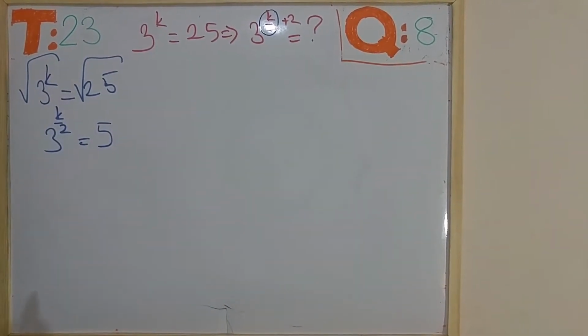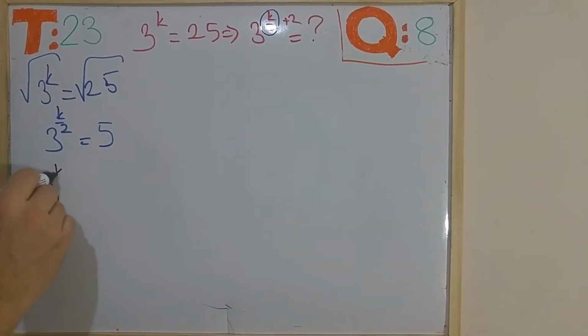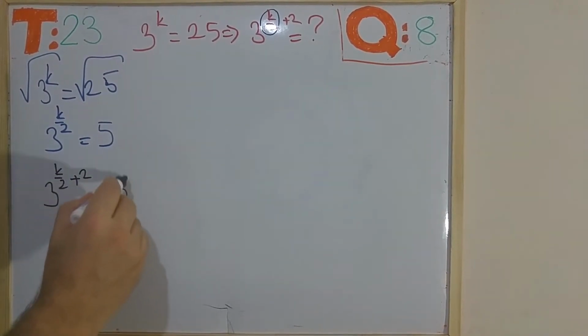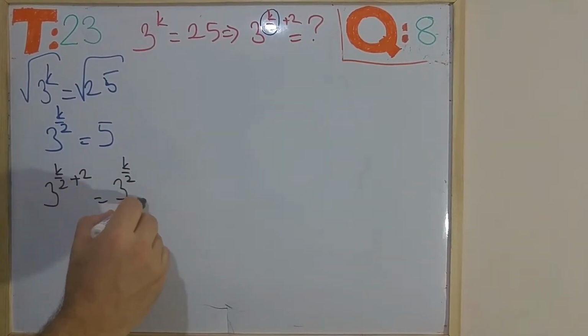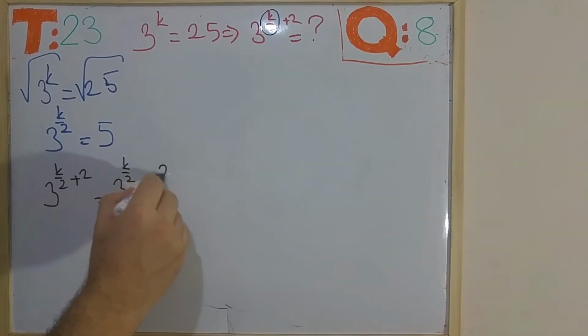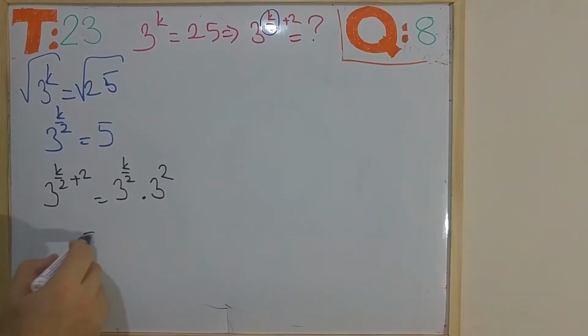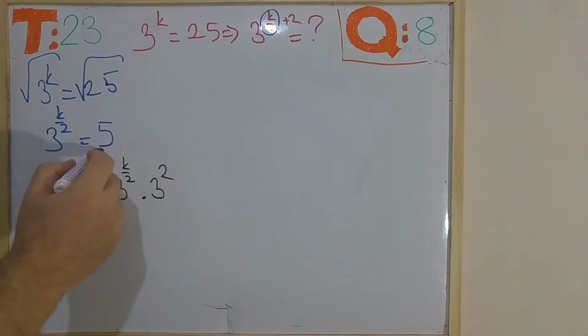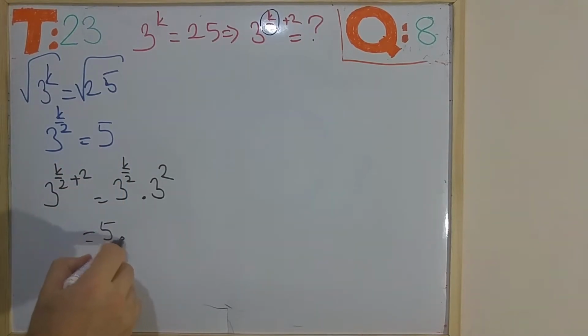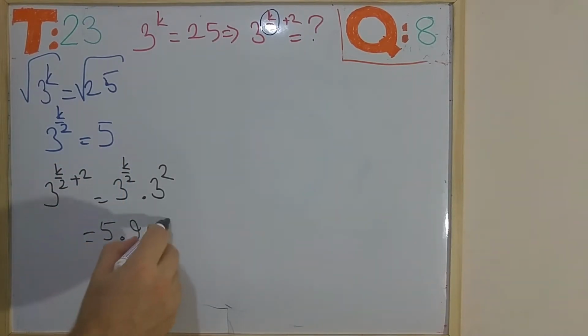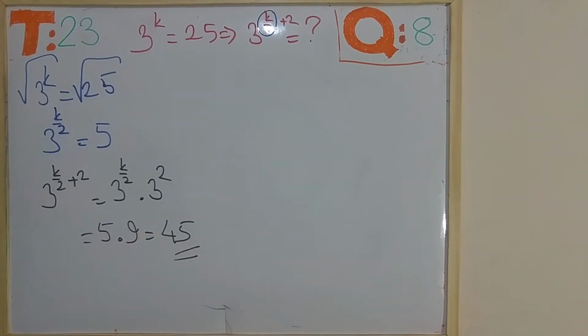And what I am asked is 3 to the k over 2 plus 2, which is actually 3 to the k over 2 times 3 squared. And this means that I know that this is 5. 5 times 3 squared, which is 9. My answer is 45.